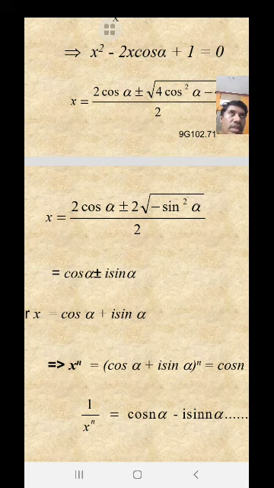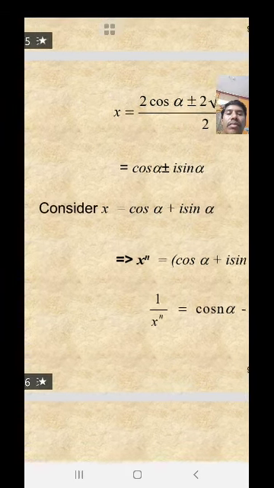Under root of minus 1 is i, and the square root and square get cancelled, so we write sine alpha. If we take 2 common from the numerator, the numerator and denominator 2 get cancelled. So the next step is cos alpha plus or minus i sine alpha.